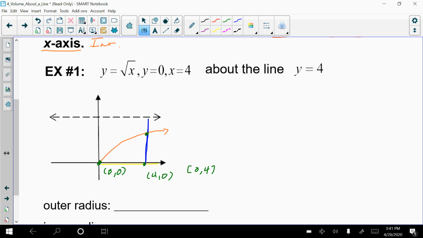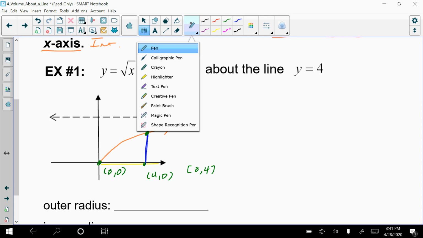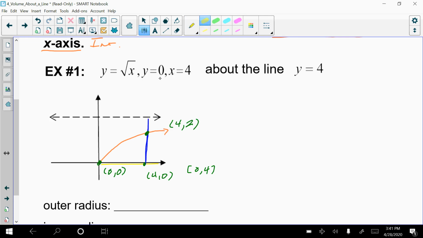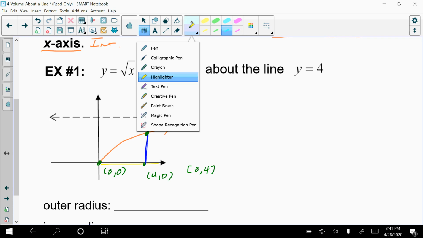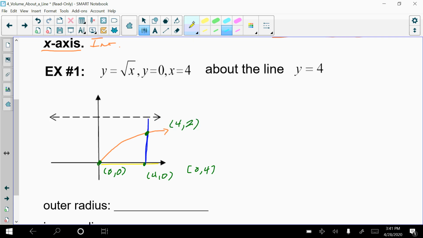We have a point of intersection here at (4, 2), because when x is 4, y is 2 on the square root function. And so the region that we're going to be revolving around some line is this bit here.